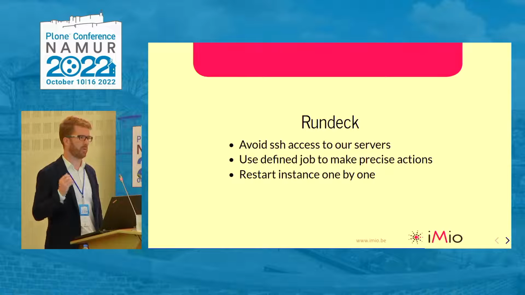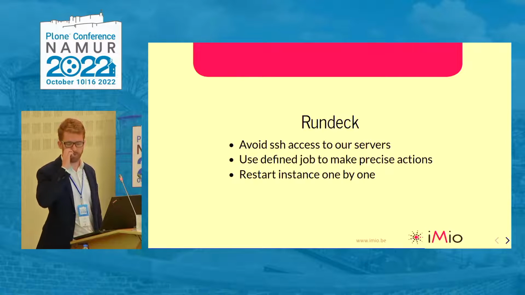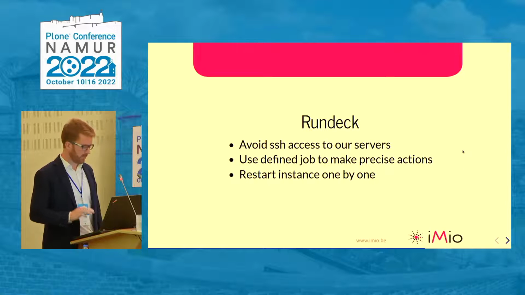We define one job for restarting the staging instance, one other for the production instance, and so on, a lot of jobs. We also need to know that Rundeck will restart instances one by one.